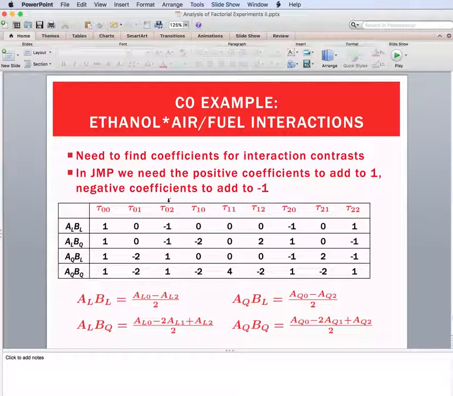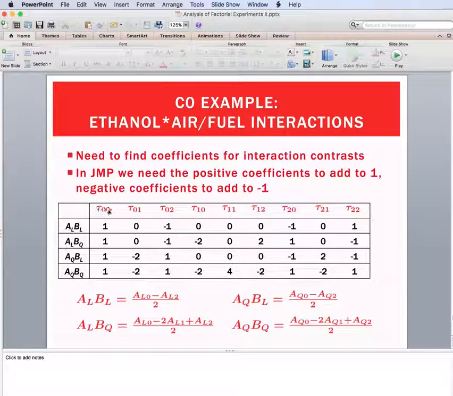AL2 is going to be comparing 0 and 2 with the second index at 2. But it's going to flip the sign because of the negative sign out front. So AL2 is technically 1 minus 1, but when I put the negative out front, it flips those signs, and this is why this becomes a negative 1 and this becomes a positive 1.